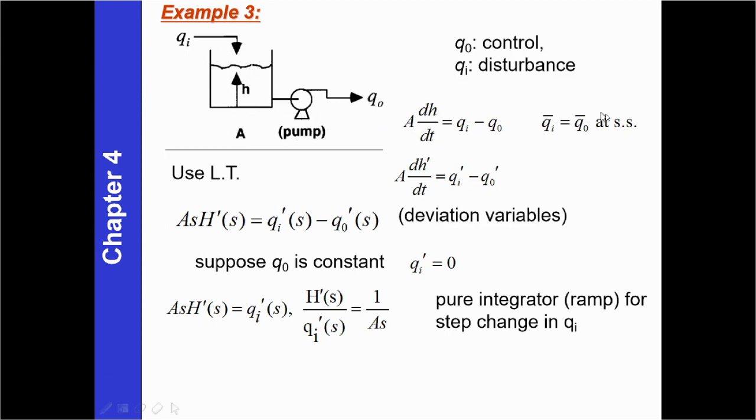At steady state, Qi bar equals Q naught bar, which means the height is maintained at steady state.